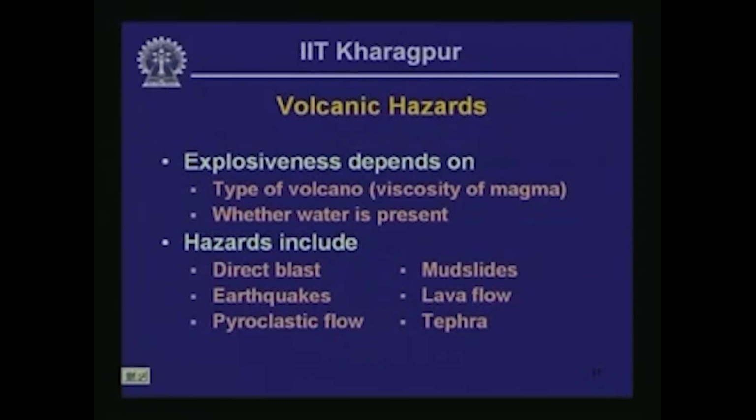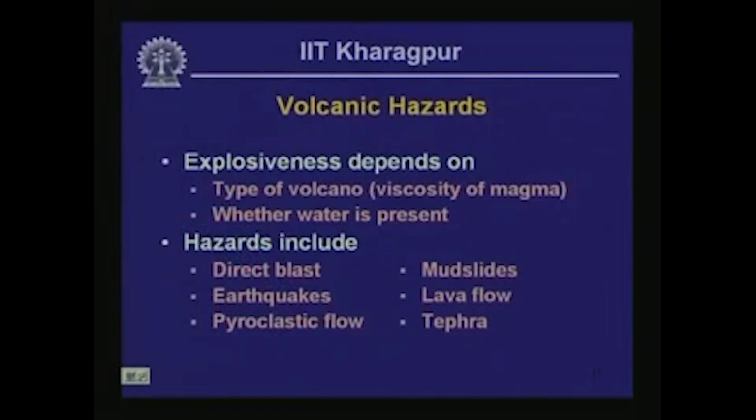Okay, so that is, in a nutshell, the strategy or course of action that is adopted in order to minimize earthquake hazard. Now, the second type of hazard, geologic hazard, that we are going to consider in this lesson is the volcanic hazard.